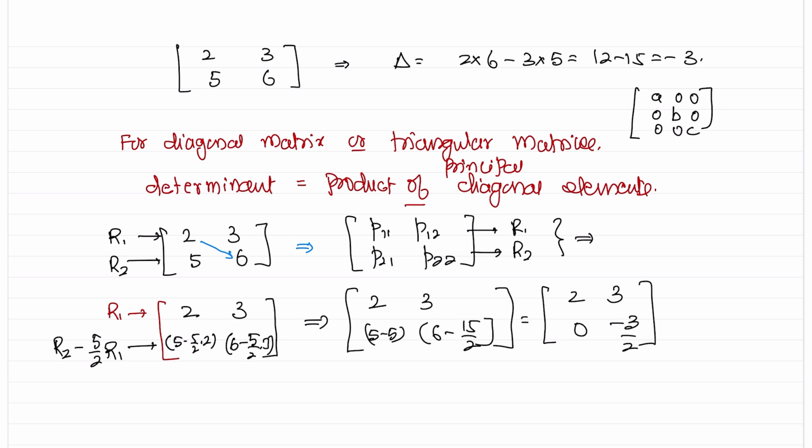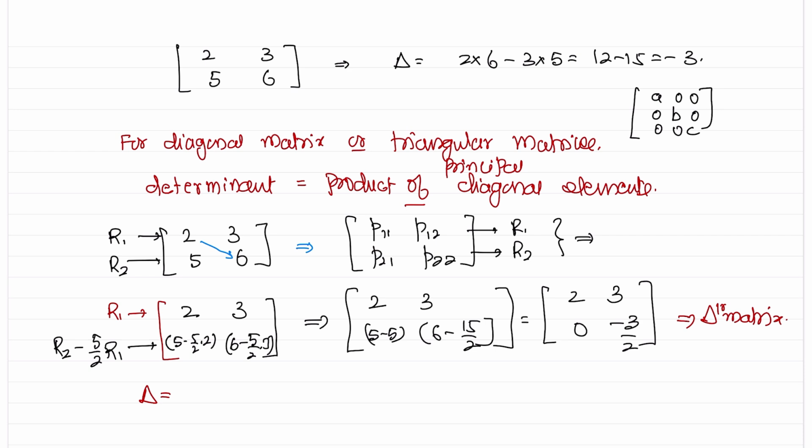Now, it is a triangular matrix. The original 2, 3, 5, 6 is transformed or converted into a triangular matrix. If something is in the form of a triangular matrix, then what will be its determinant?